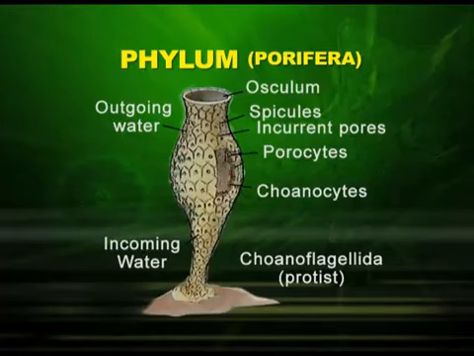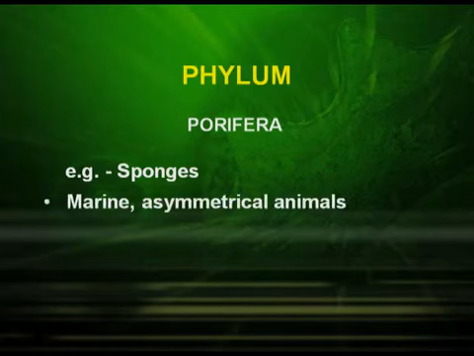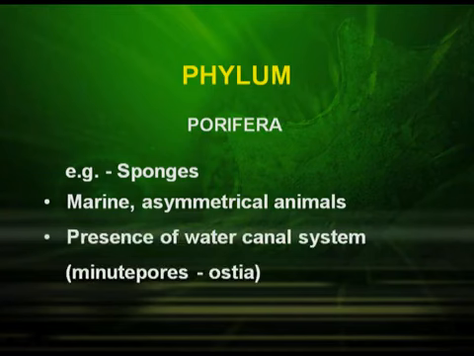Phylum Porifera. Porifera includes sponges. They are marine as well as asymmetrical animals. They have a water canal system and their body has minute pores which are known as ostia.